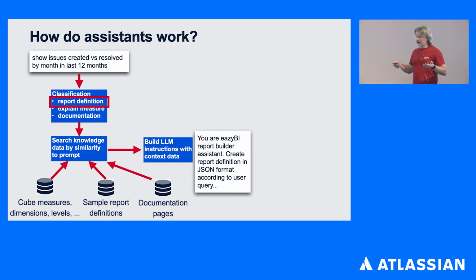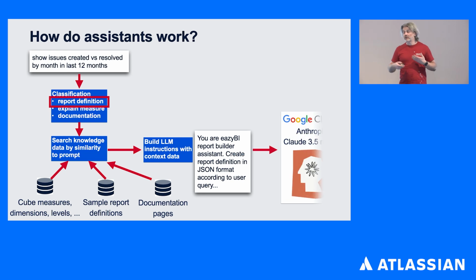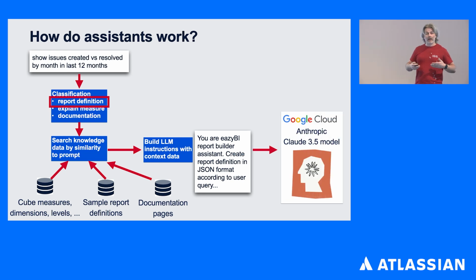And then using templates, we build the LLM instructions with some standard text, plus we inject this knowledge data. And then we send it to LLMs. We have built adapters so that we can test different LLMs. Initially we experimented with OpenAI and Google Gemini.